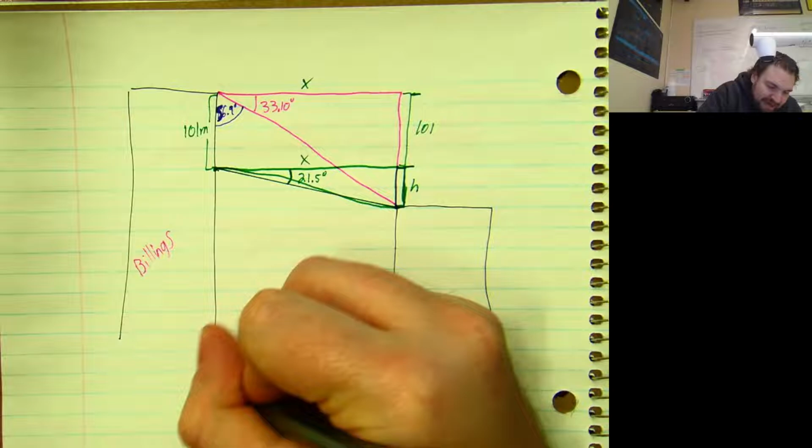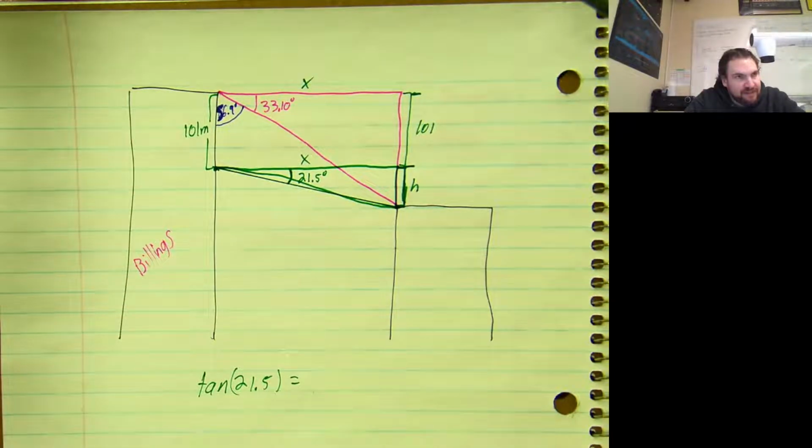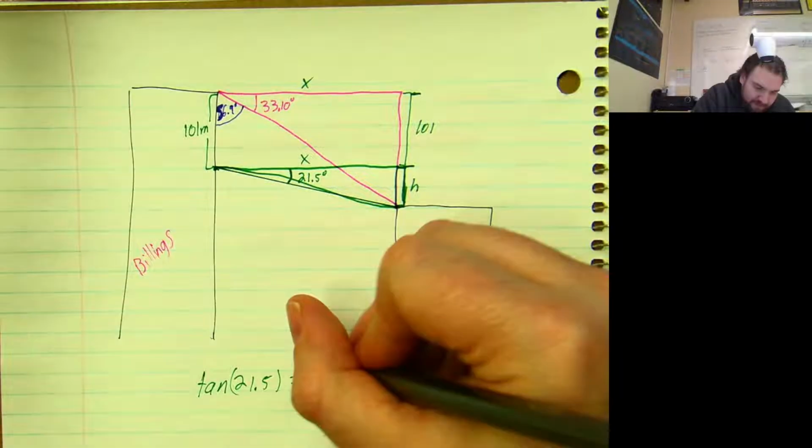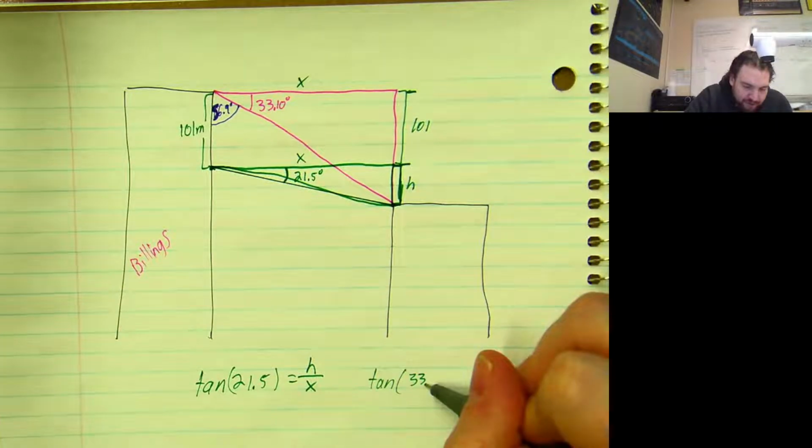Tan of 21.5 degrees is equal to opposite over adjacent. The opposite side is the side here we don't know. I called it h. And this is the side that we're actually looking for. I called it x. So I'm going to get h over x. Now I've got tan. The other angle is 33.1.